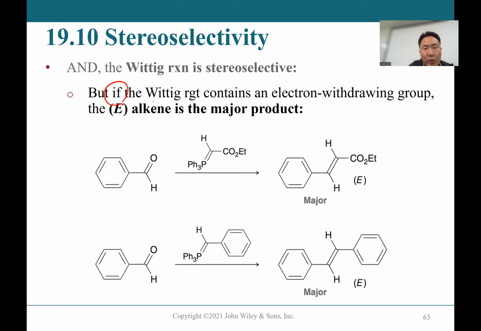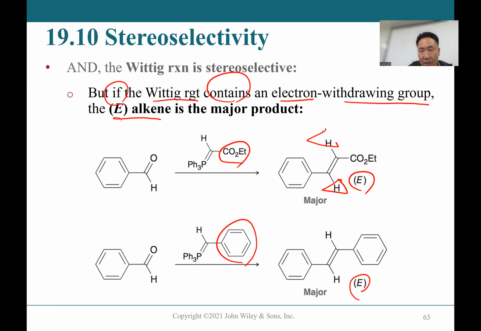But if the reagent contains electron withdrawing groups or phenyl, then the E alkene is formed. So the hydrogens are in different directions, different locations, so E configuration. The E alkene is the major product.